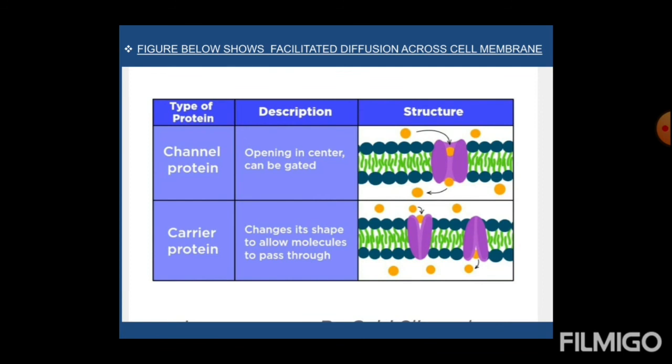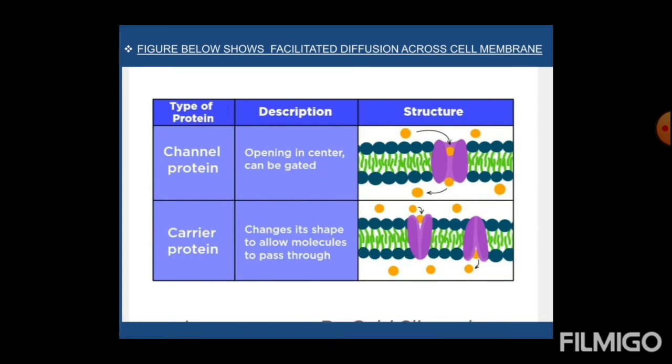So these protein molecules which are embedded in the middle are known as channel proteins, or integral proteins also, as I've explained to you in the structure of the fluid mosaic model. So with the help of a channel protein, a certain substance which has to either cross the cell membrane to come inside the cell, or cross the cell membrane to go outside the cell, can easily do so.